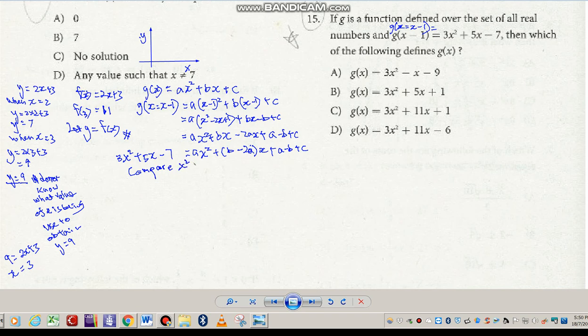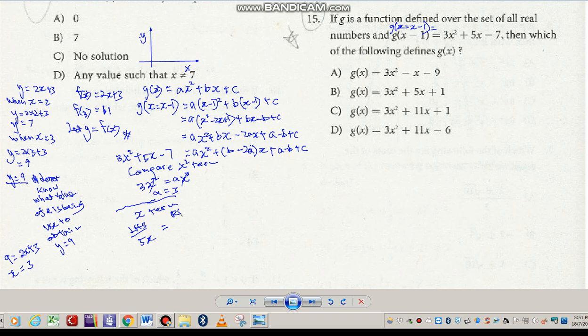Compare the x squared term. That means 3x² equal to ax², cancel the x squared. A is actually equal to 3. Besides that, we can compare the x term. The x term on the left hand side is plus 5x.